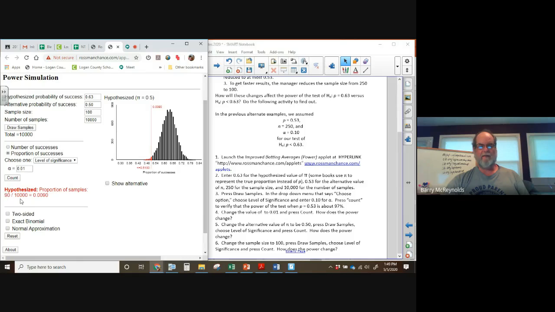Only 90 of the 10,000 samples showed up. And so when I take fewer samples, I get fewer opportunities, there are fewer tests in this region. And so I am more likely to get one of those values, okay?